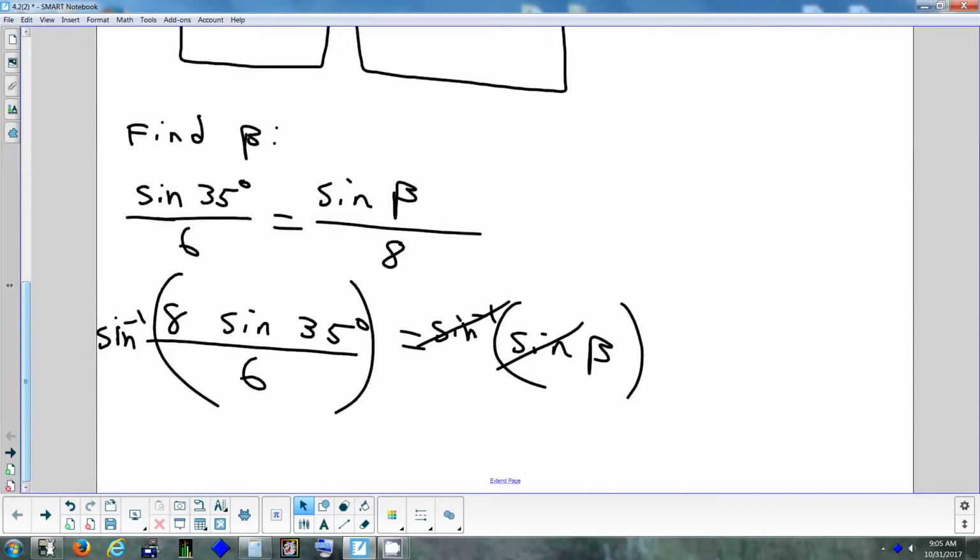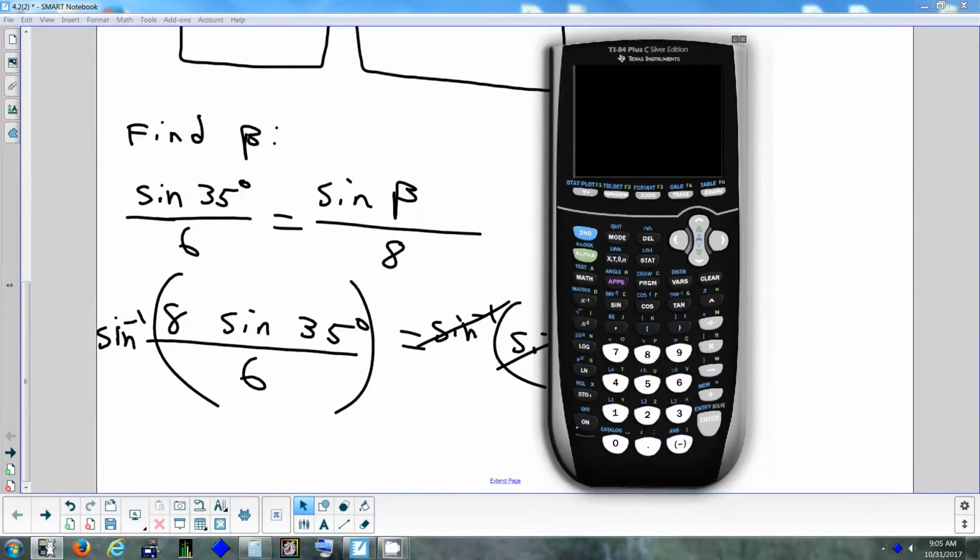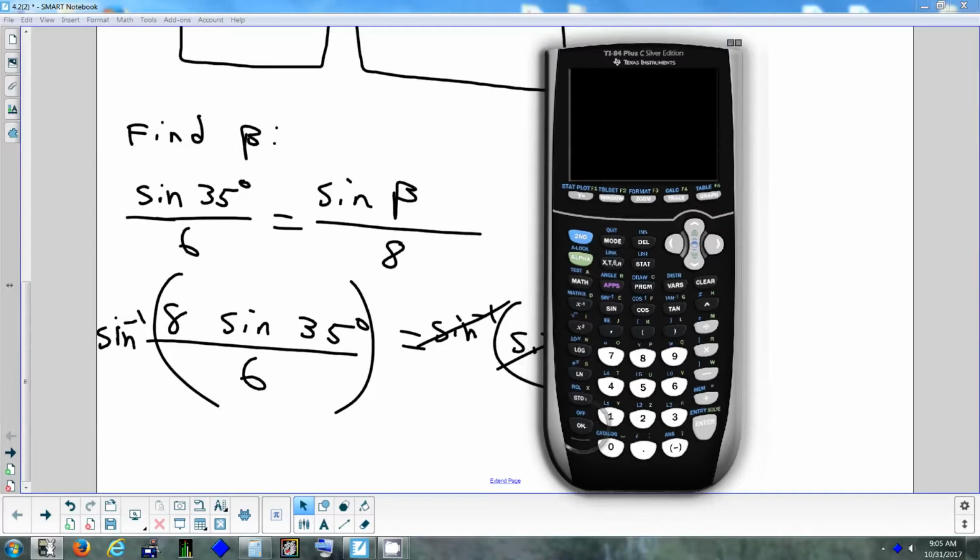Now at this point we want to type it in and see what we get for an answer. But I'm not going to type in the sine of 35 and then round it off. I'm just going to type the whole thing in at once and round it off, because every time you round, the answer gets less and less accurate. So just try to type the entire thing in one step.